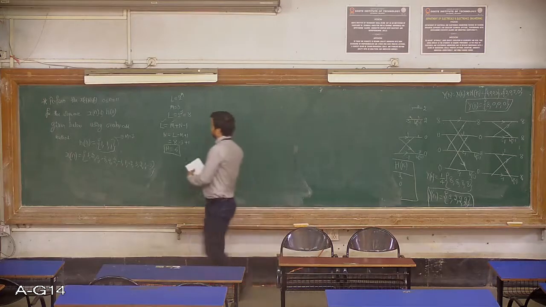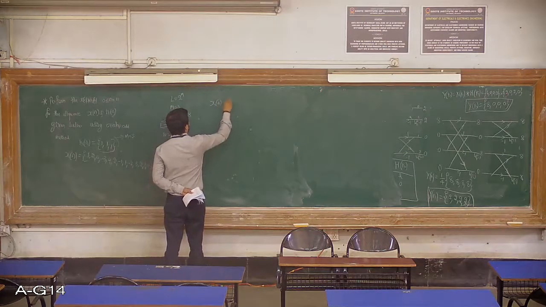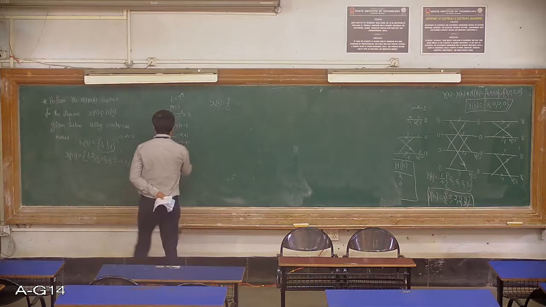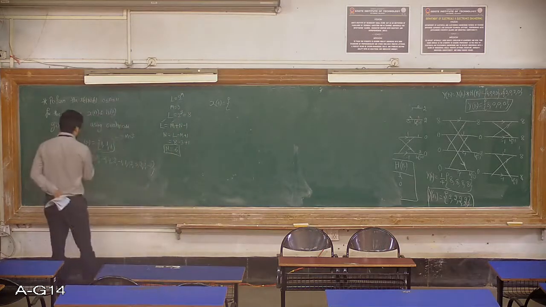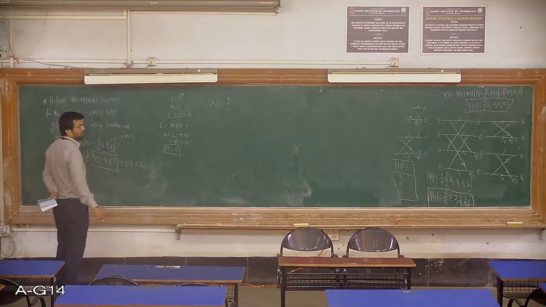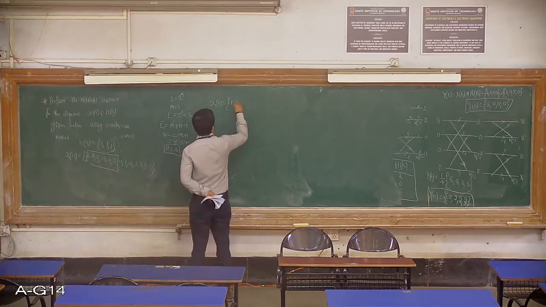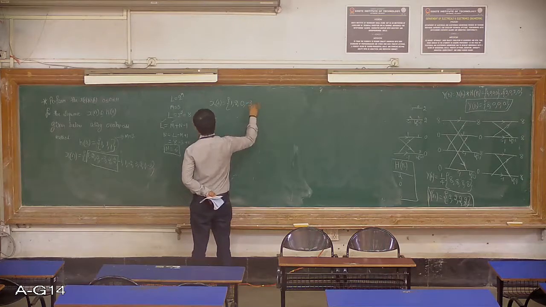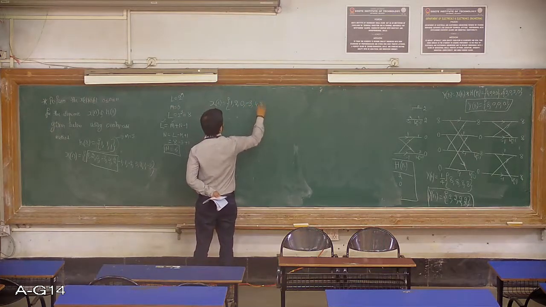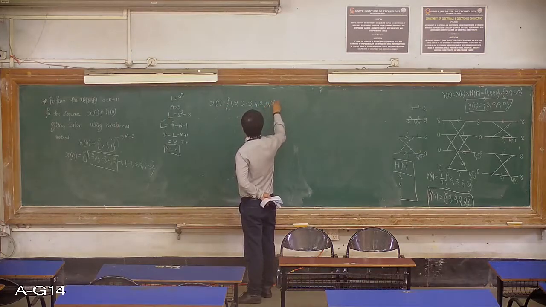Write the equation here. x1 of n I will write. So 6 values I will take, the first 6 values: 1, 2, 0, minus 3, 4, 2, and the last 2 values we have to choose as 0, 0.